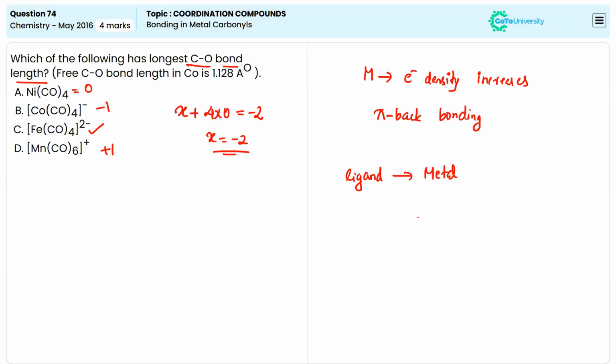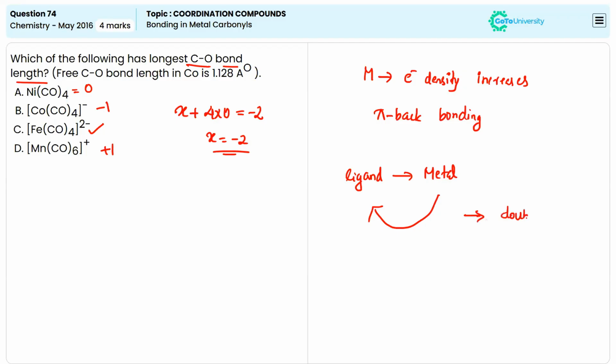This is how the bonds in coordination compounds are produced. Similarly, when the electron density on the metal is increasing, there is a possibility in which the metal can give electrons back to the ligand, and that donation will be to the antibonding orbital of the ligand. So this creates a double bond effect.